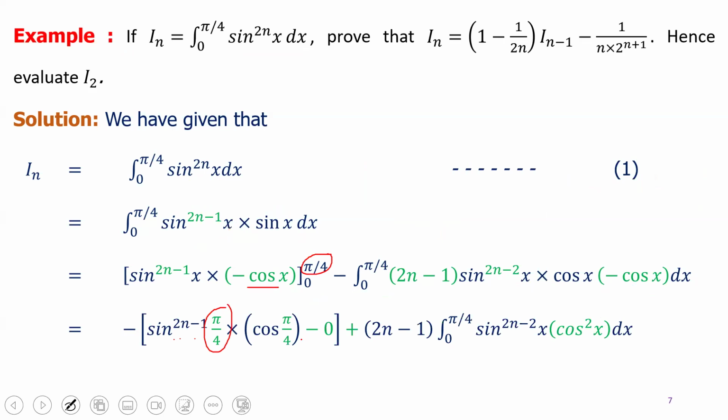If we put the lower limit, sin 0 is 0, cos 0 is 1, so 0 into 1 is 0, plus this minus and this minus will become plus (2n-1) we are taking outside, sin^(2n-2)x, cos x into cos x is cos^2 x.